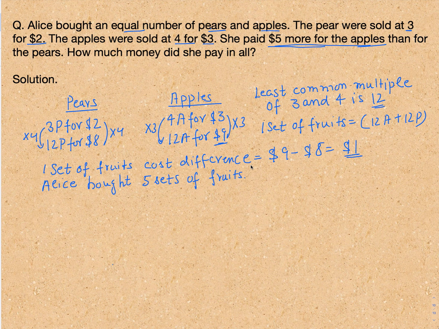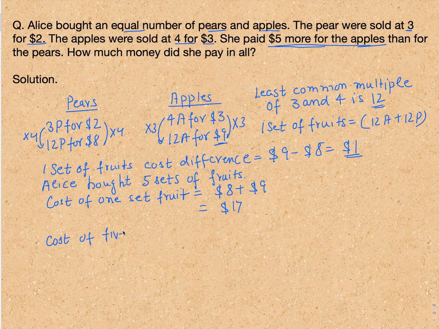Now what we need to find is how much money she paid in all. How much money did she pay for these 5 sets of fruit? Let's find the cost of one set first. One set is $8 plus $9, which gives you $17. So what will be the cost of 5 sets of fruits?